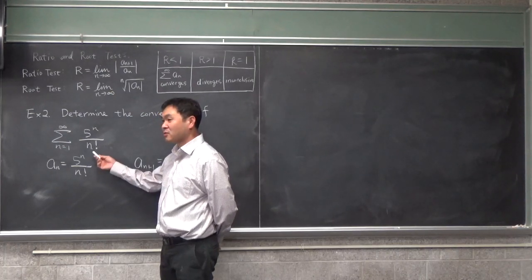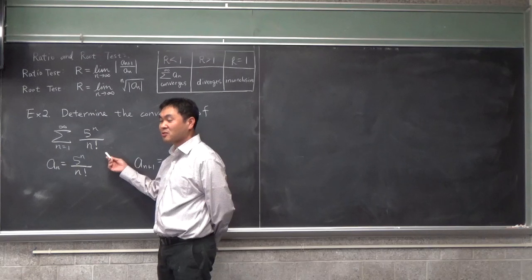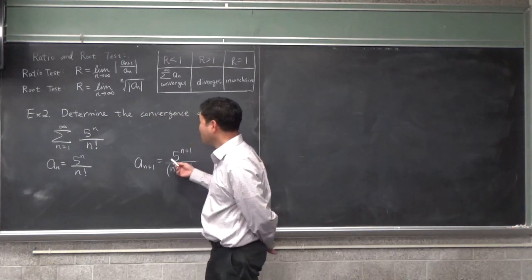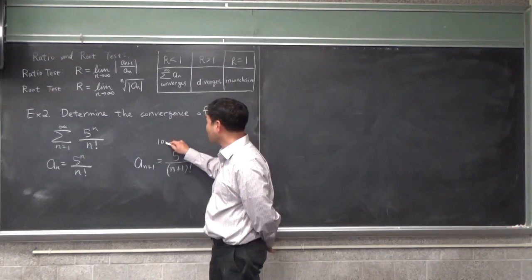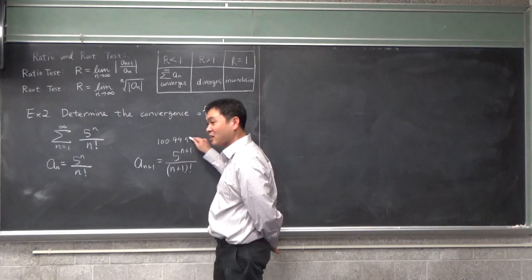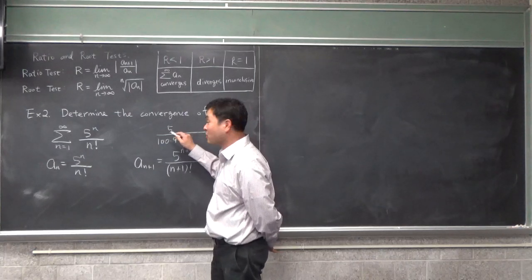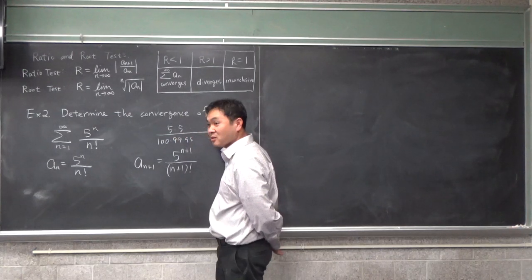So if you have 100 factorial, right? 100 factorial is like 100 times 99 times 98. Whereas on the top, 5 to the 100th power is like 5 multiplied many times.